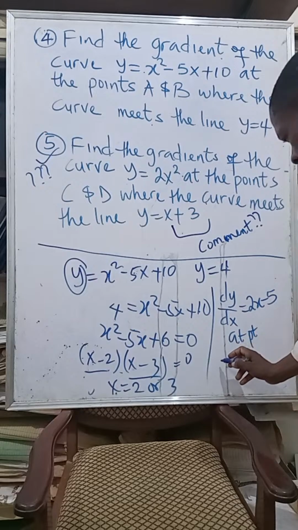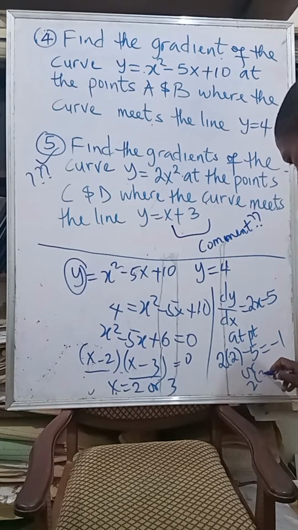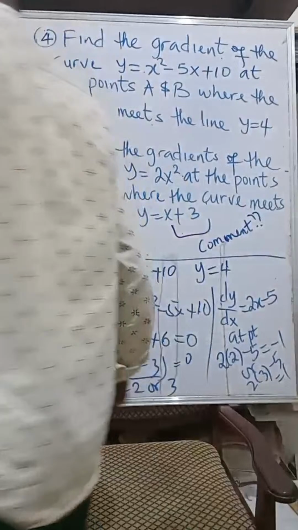So the gradient could be 2 times 2 minus 5, that's minus 1, or 2 times 3 minus 5, which is 1. So that's your answer for that question.